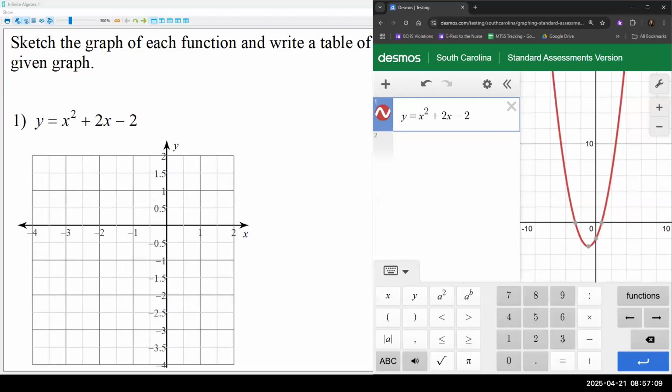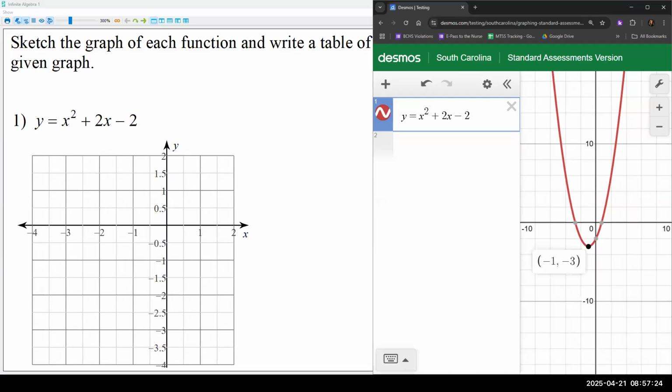If it does, I need to find first the most important point. What do you think the most important point on this curve is? The bottom. We have a special name for that point. The name for the bottom, or if it's upside down, the top, is called the vertex.